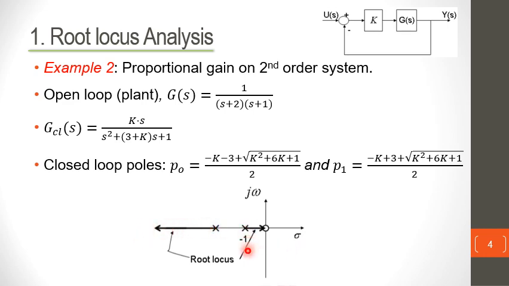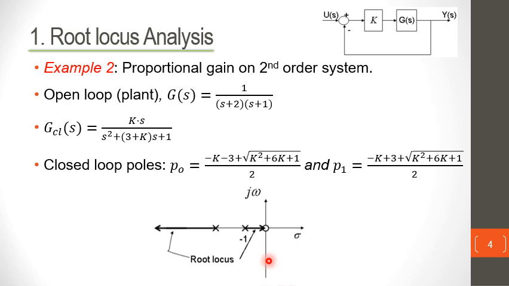However, this particular pole P0 will tend to go to 0 as k goes to infinity. These two thick lines show the path of the closed loop poles as k goes to infinity. We call them the root locus.